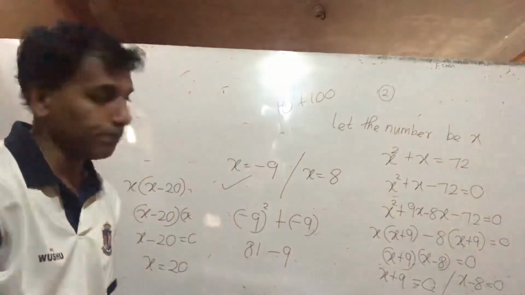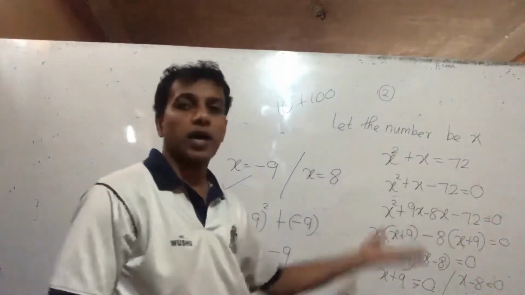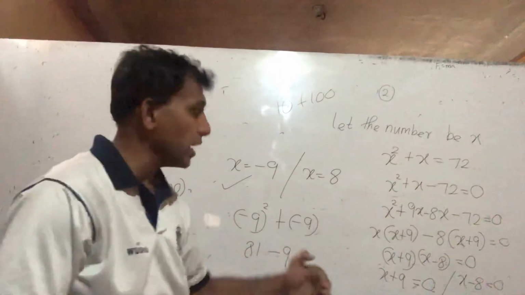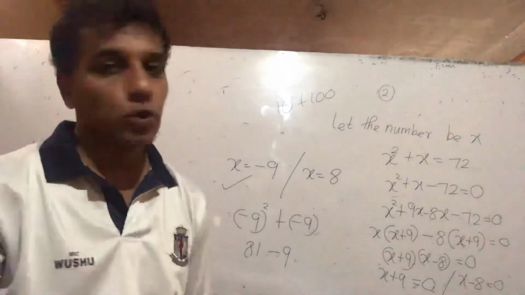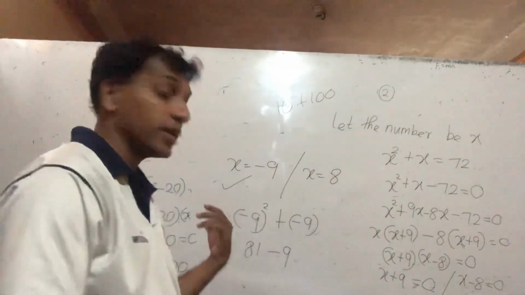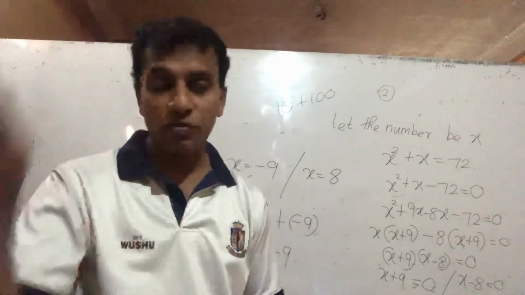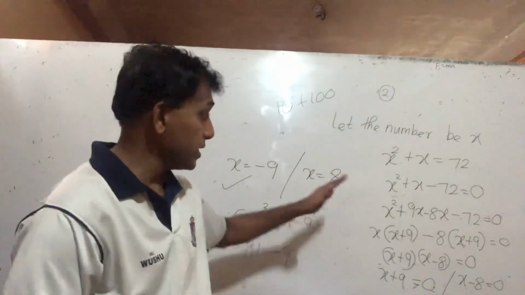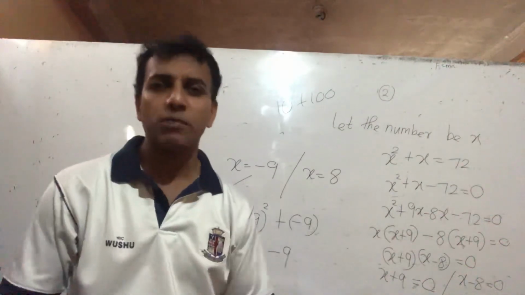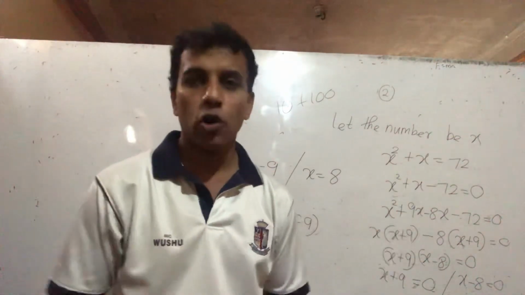Clear? Satisfied? Not only that, x is 8, check. 8 squared is 64. Add 8, 72. So both satisfy here. Both solutions are true. Earlier we won't take the negative sign because of dimension length. We won't measure minus, only positive values. But in this case, the number can be any number: decimal, fraction, odd number, even number, positive, negative, no matter, right?